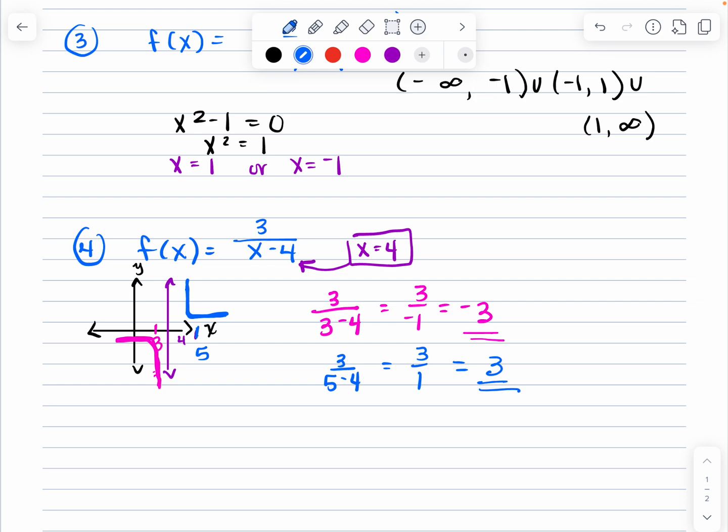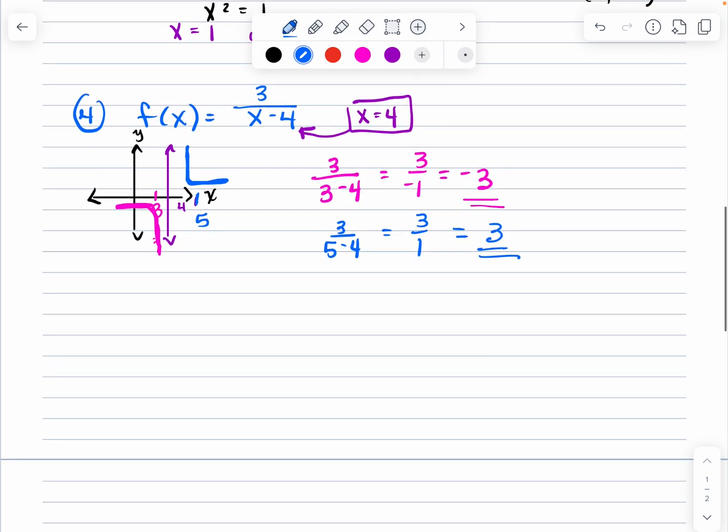Now what the question is asking is for us to describe it using limits as it nears the vertical asymptote. Okay, so let's remember what that looks like. The limit as x approaches 4 from the left side, and the limit as x approaches 4 from the right side.